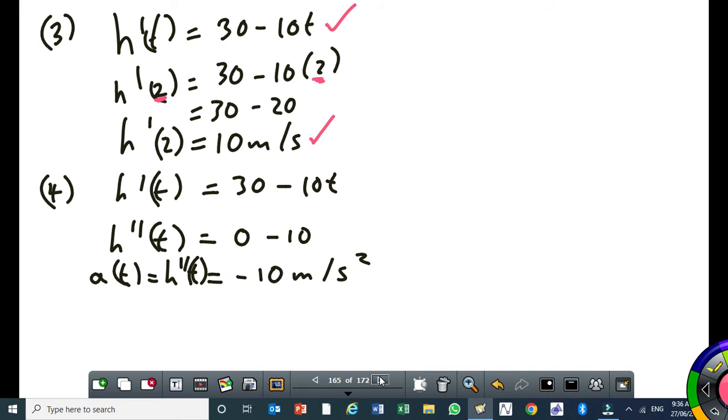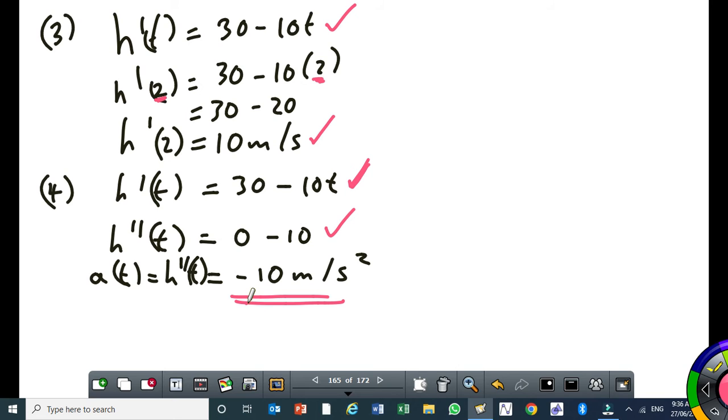We can just find the derivative of our first derivative. Remember, the rate of change of velocity is acceleration. So the derivative of the first derivative is going to give you negative 10. So our acceleration is negative 10 meters per second squared.